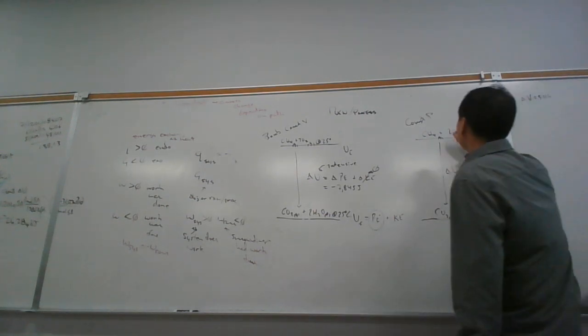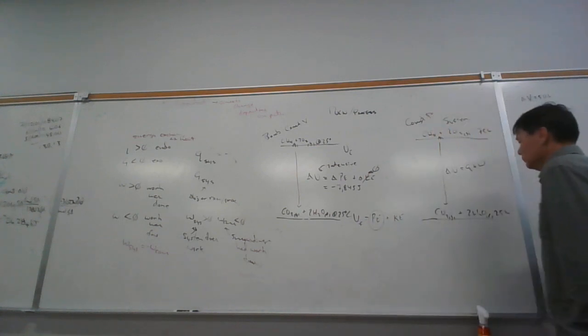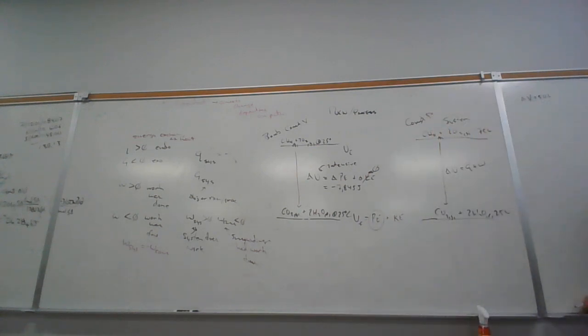Now we're going to say that this is the system. If the system loses 50 liters, this is delta V of the system, then what happened to the delta V of the surroundings? It had to gain 50 liters. So the system is minus 50 liters, therefore the surroundings has got to be plus 50 liters.